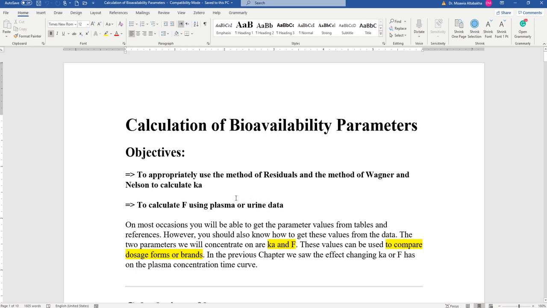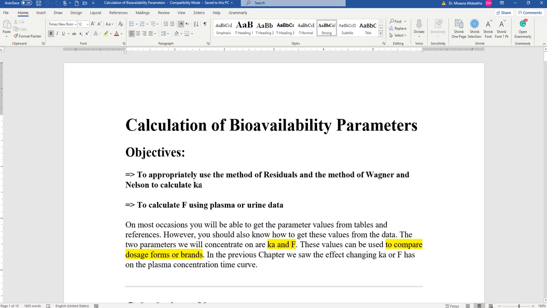Now, before we start talking about these things, let's remember what we talked about in our last presentation. We talked about pharmacokinetics of oral administration, and we looked at the effect of Ka and F on concentrations and the time to reach the peak concentration.